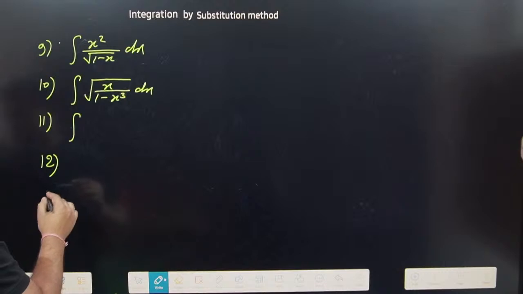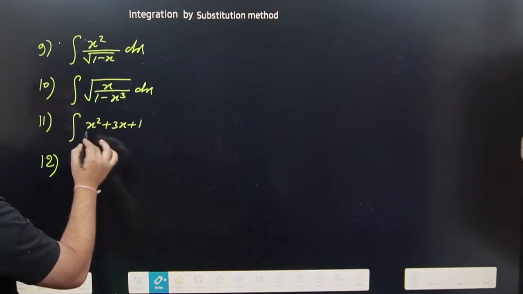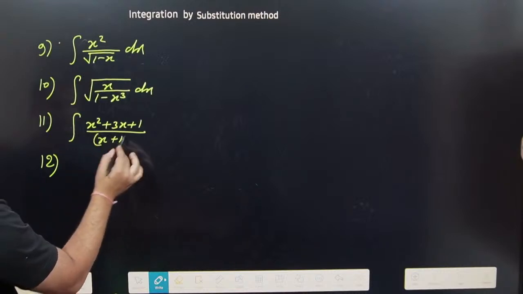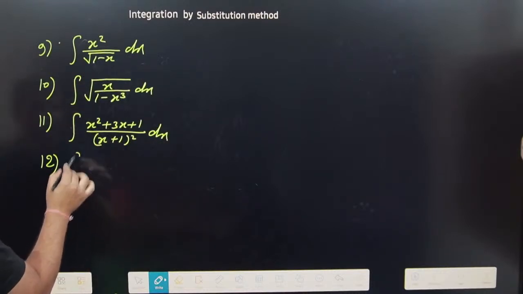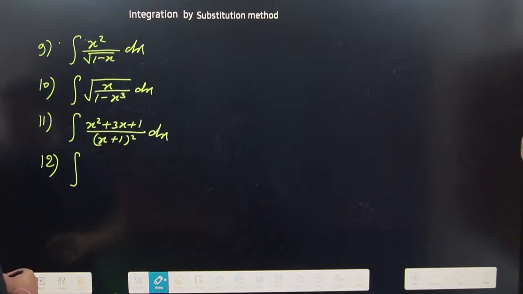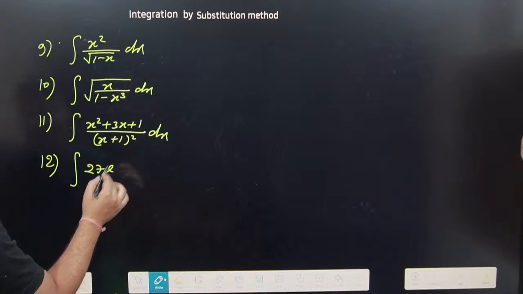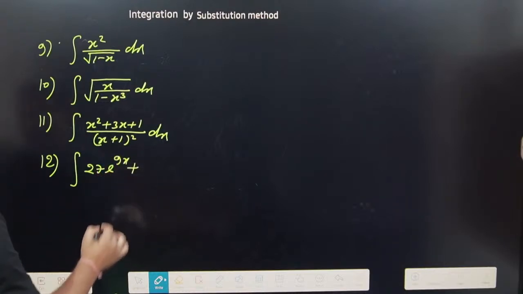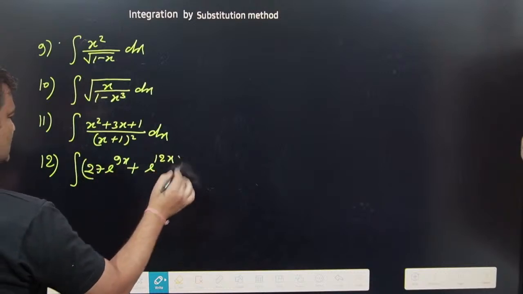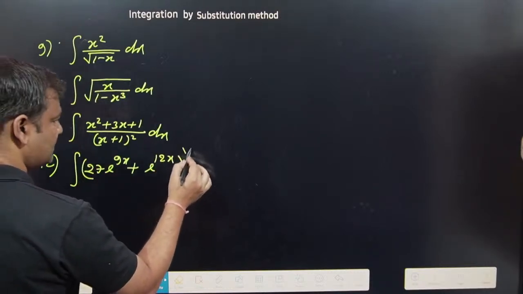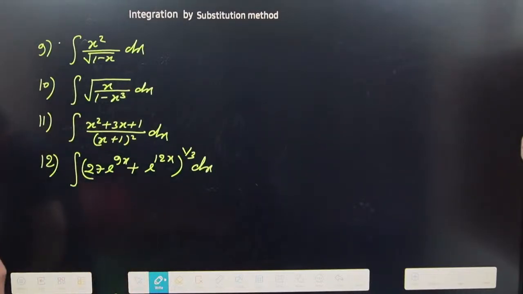Next one is x square plus 3x plus 1 upon (x plus 1) whole square dx. Okay, next one is 27 into (e to power 9x plus e to power 12x) to the whole power 1 by 3 dx. How can we do?